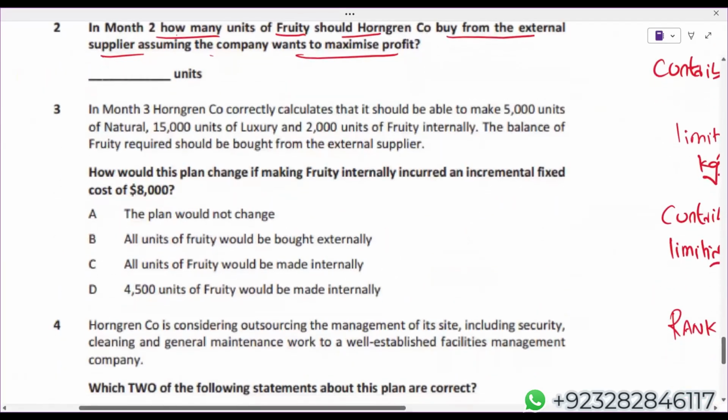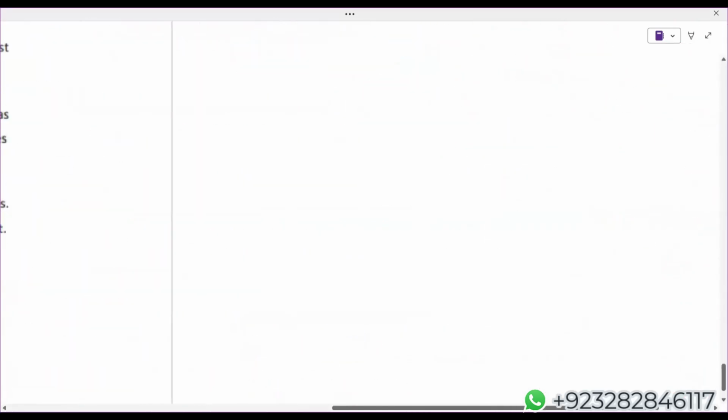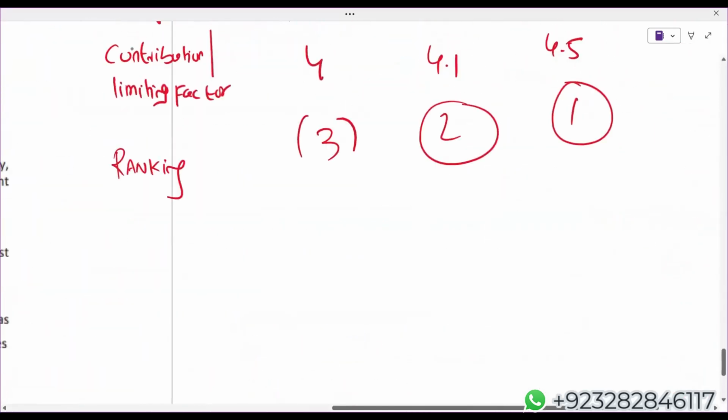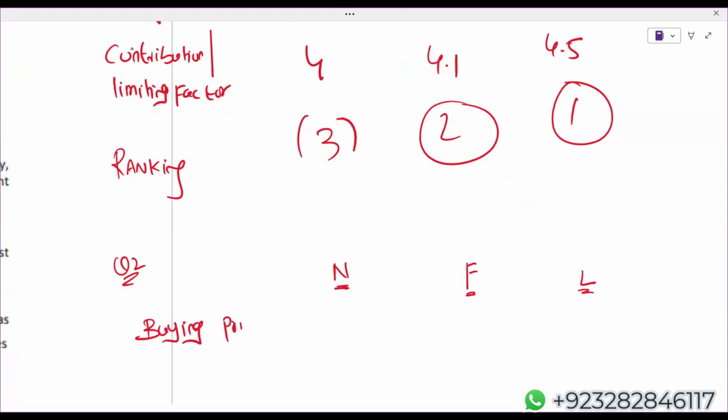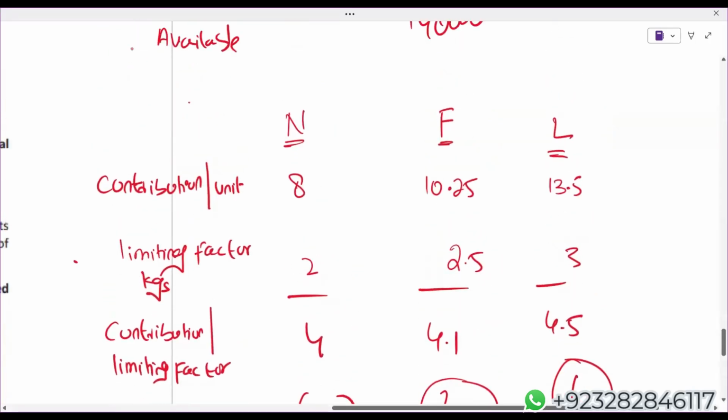That is month 2. Natural, fruity, luxury. Buying price. What is supplier offering us?